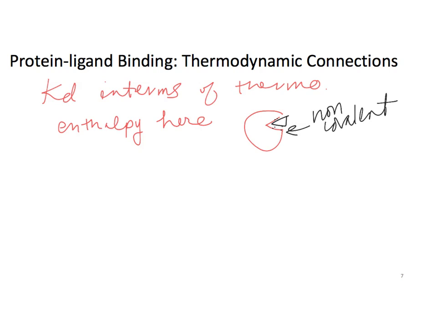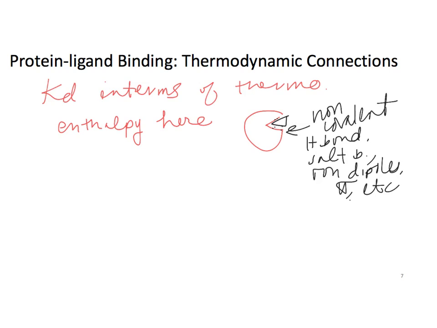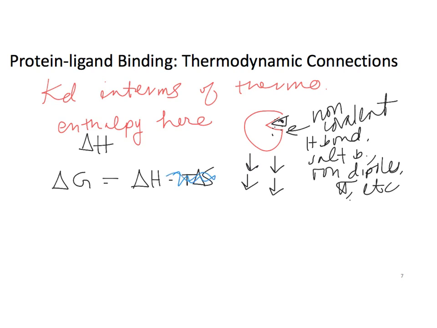So between the ligand and the protein, you'd have H bonds, salt bridges, ion dipoles, pi stacking, etc. Every interaction between the ligand and the protein is going to lower the enthalpy, that's the delta H. If the enthalpy keeps coming down, and let's say entropy is about a wash, about a tie, then if H goes down, G goes down.